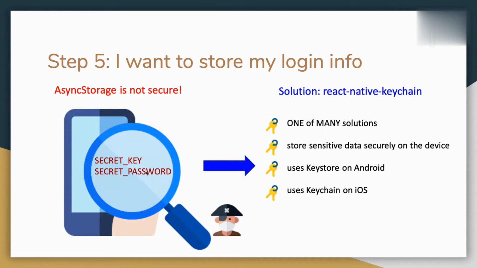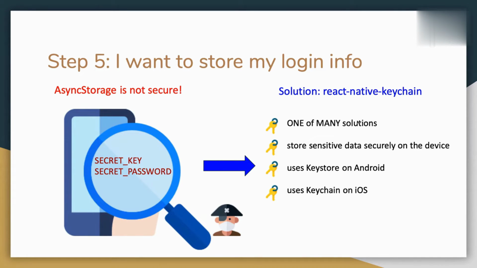One of several possible solutions for this kind of problem, for storing sensitive data on the local device, is a library called React Native Keychain. So with this library, you can store your login data securely.